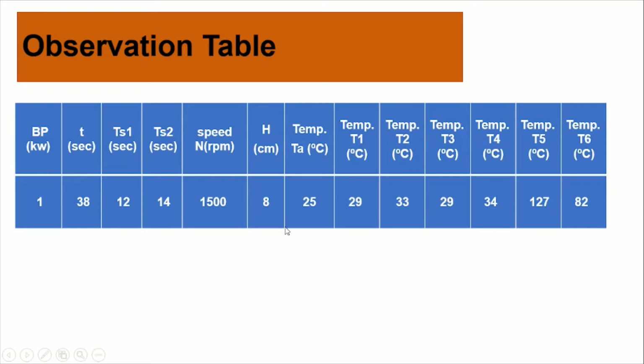Temperature T3 is the inlet water calorimeter temperature and T4 is the outlet water calorimeter temperature, which is 34 degrees Celsius. Exhaust gas temperature at the calorimeter inlet is 127 degrees Celsius and the exhaust gas outlet temperature is 82 degrees Celsius.